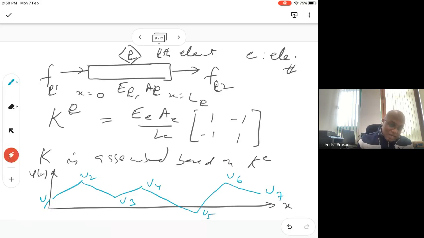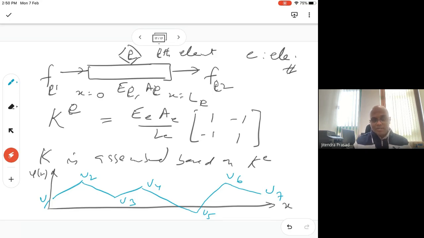But the actual total solution is like this. Instead of a continuous line between the two nodes through the whole length L, what you get is a piecewise line as a solution, which is known as the finite element solution. So this is how it works.